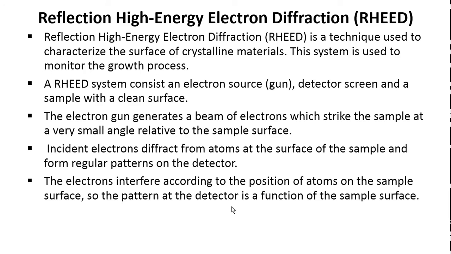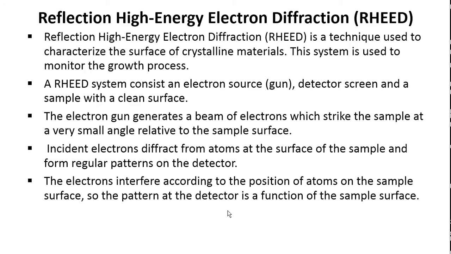Over the film, the RHEED electron beam hits the atoms and is reflected from them, and that reflected beam is then made available to the screen of the RHEED system.